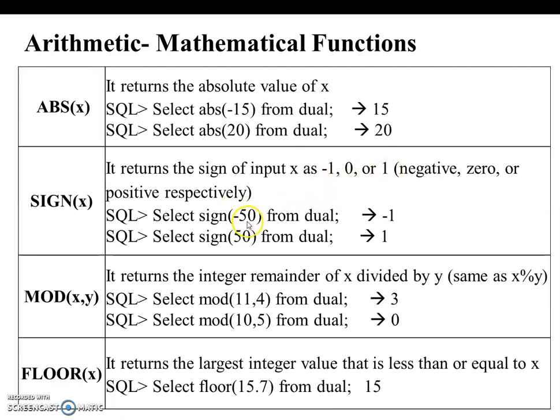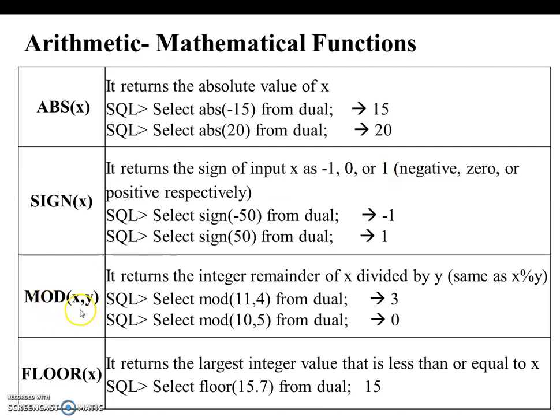For the input -50 the sign will be -1, and for +50 the sign will be just 1. If I give 0, then it will return the result 0. So the sign function returns the input in terms of its sign: -1, 0 and 1.